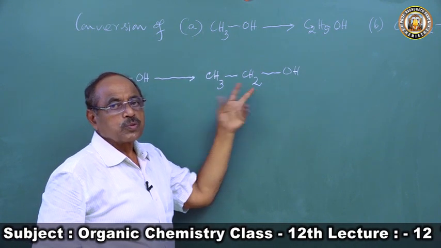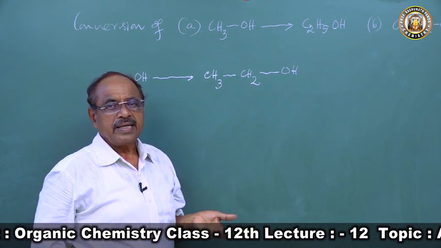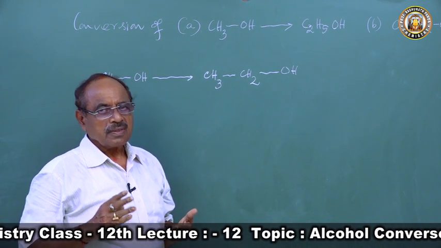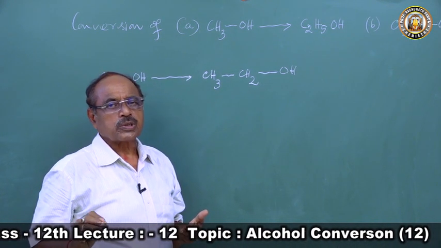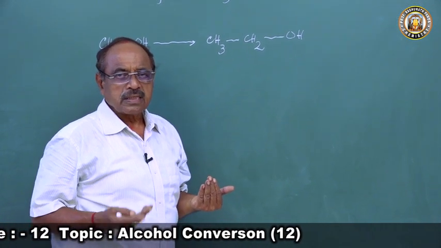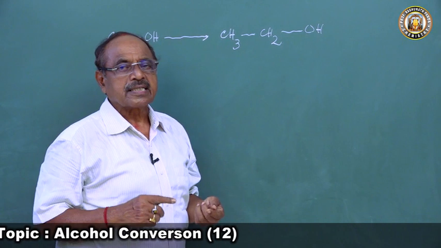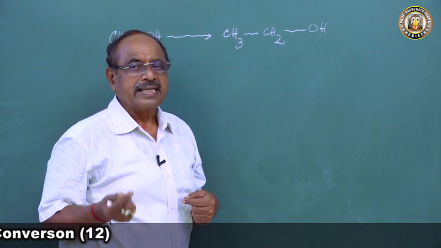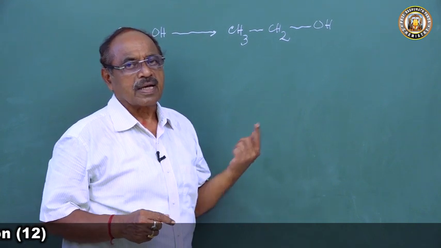we go by Wurtz synthesis. We have read in alkanes, when an alkyl halide is treated with pure and dry sodium in presence of dry ether, 2 molecules of alkyl halide undergo intermolecular condensation to form an alkane containing twice the number of carbon atoms.